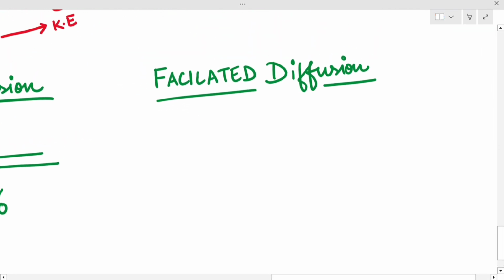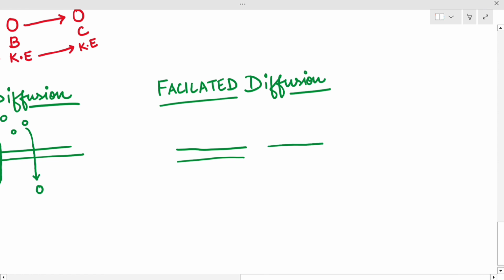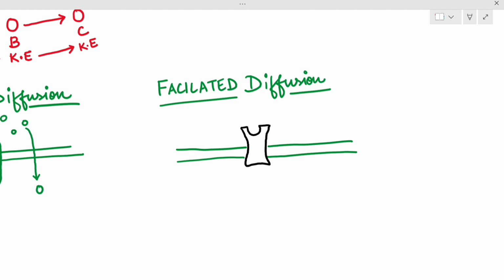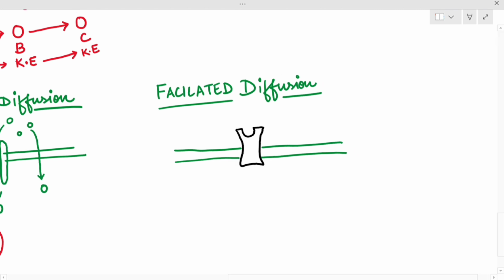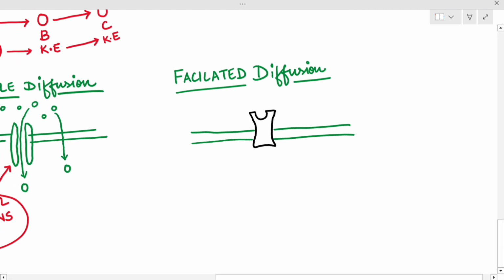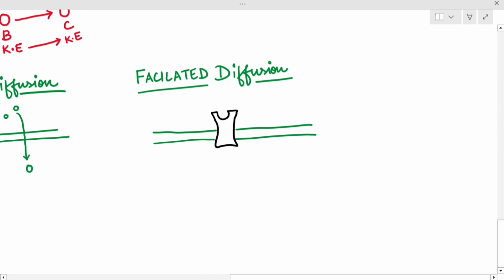Now in facilitated diffusion, what happens? Suppose this is a cell membrane, and here are some structural proteins.